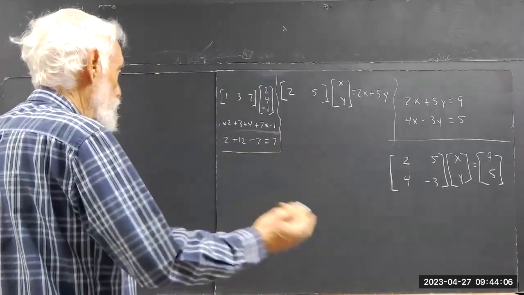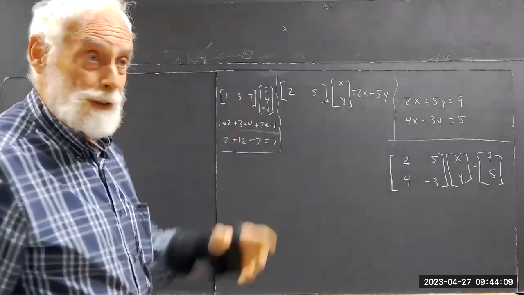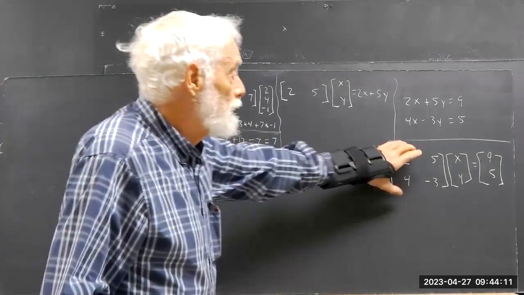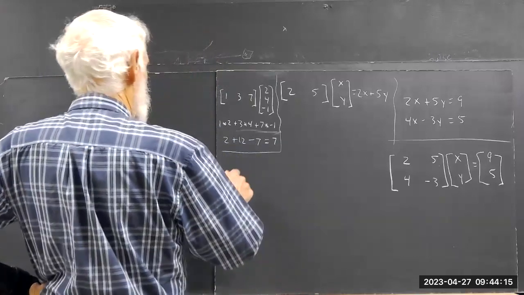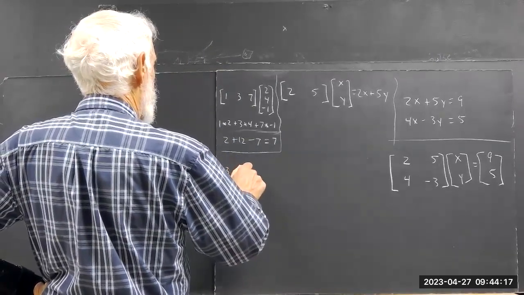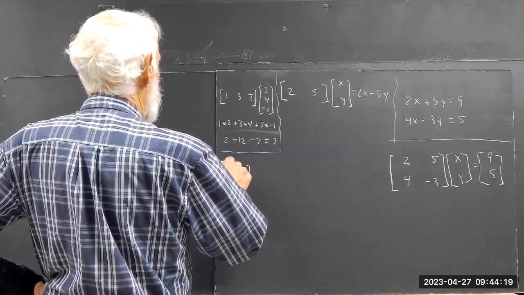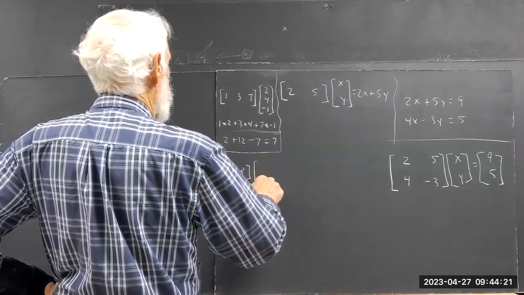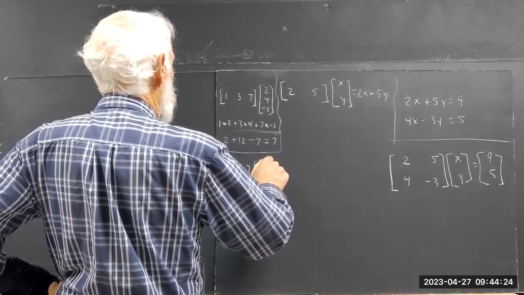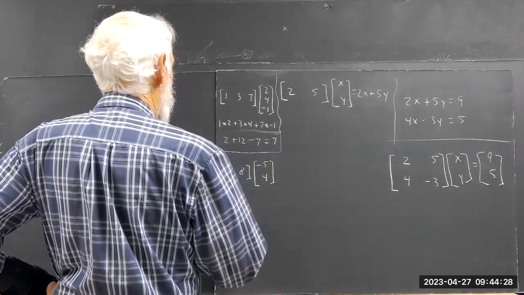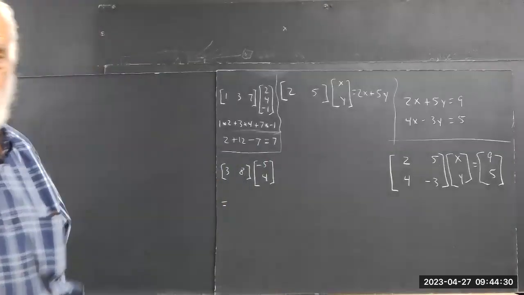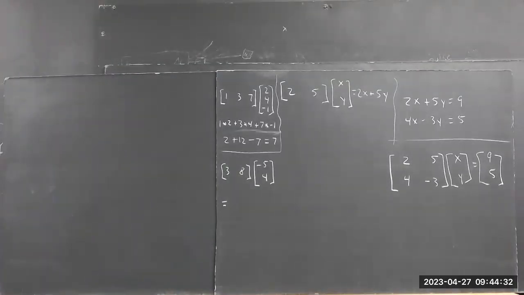Now, once you get the hang of it, it's very simple. But let's get the hang of it, okay, before we do this. So let's try another one. Let's try 3, 8 multiplied by -5, 4. What would that be? Okay, good.